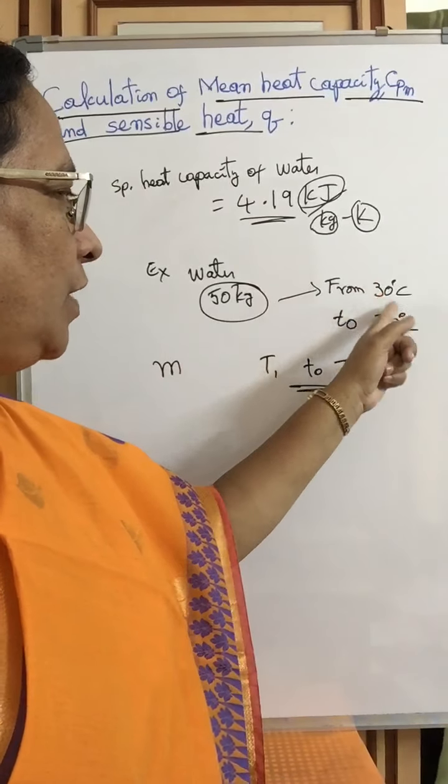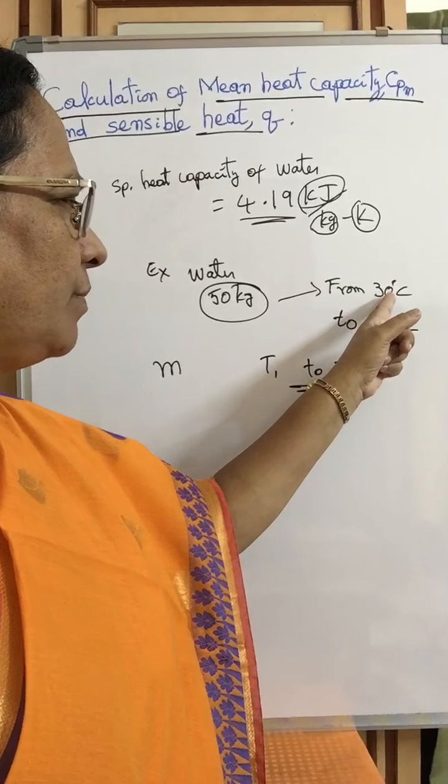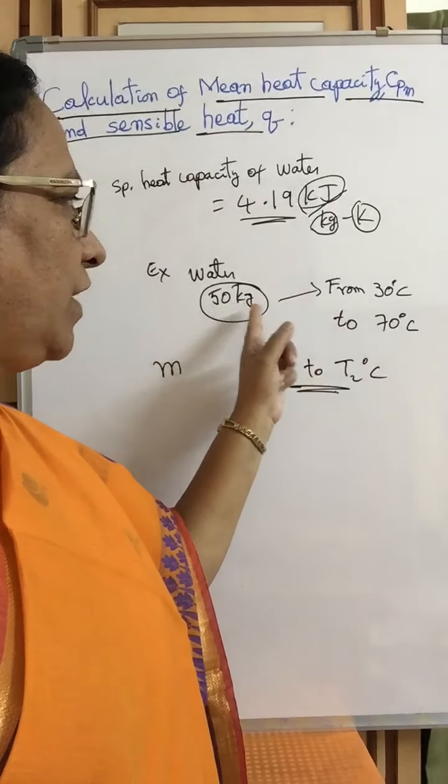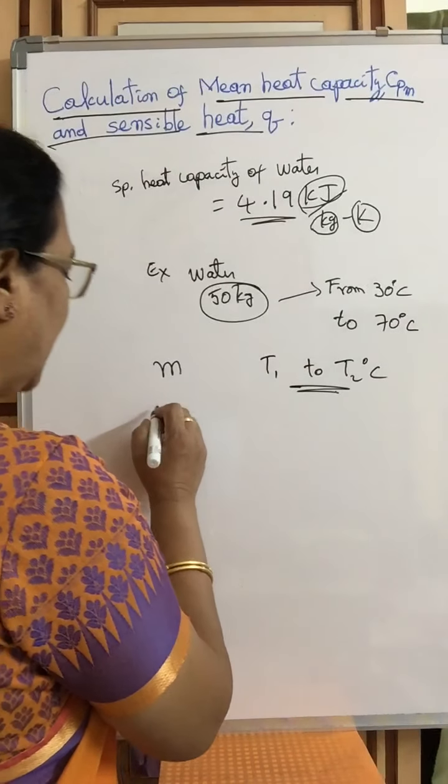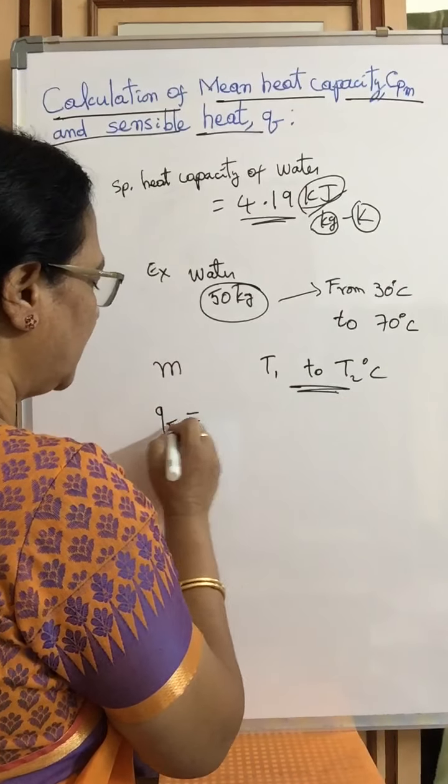Like this example, to raise 50 kg from 30 to 70, what quantity of heat is to be supplied? That we name as Q.